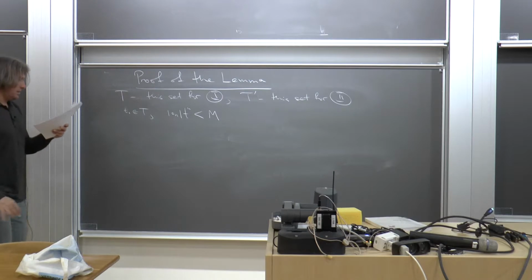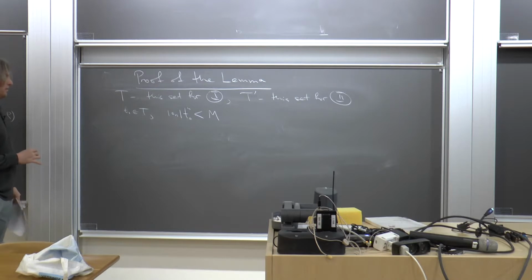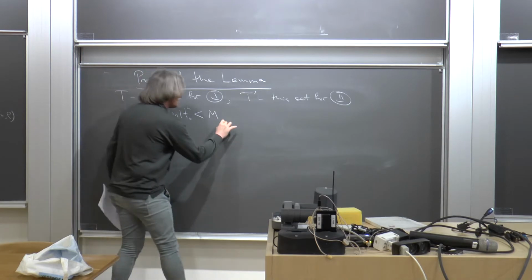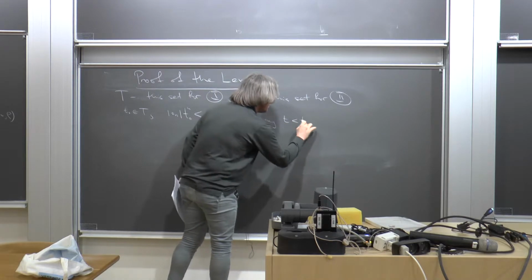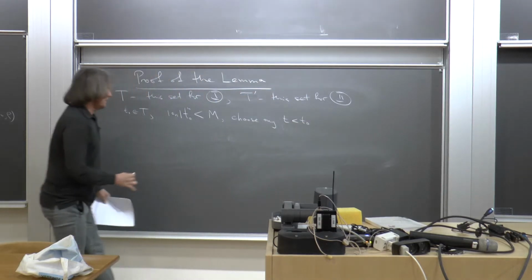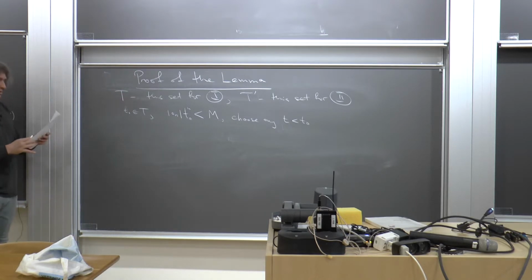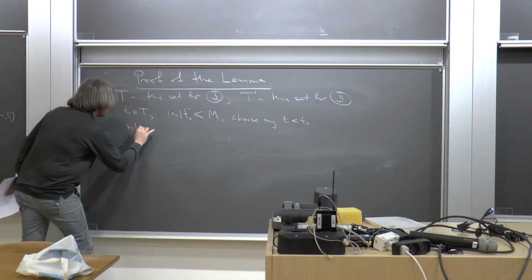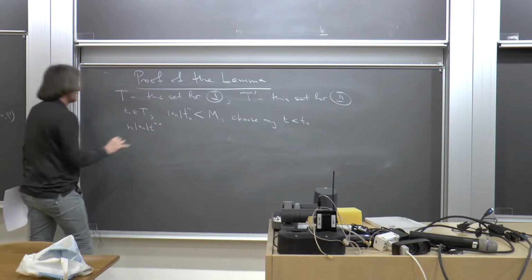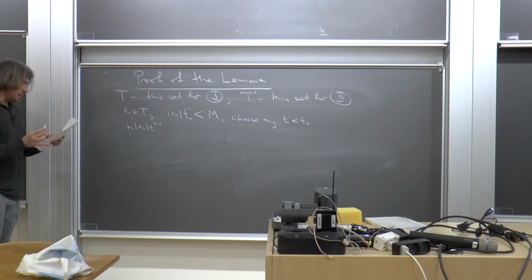So now let's see what we can do for the second series. Let's choose any t which is less than t node. So in particular, certainly it's also inside T. Now let's write the estimate. So this is the term of the second series, and let's start rewriting it.